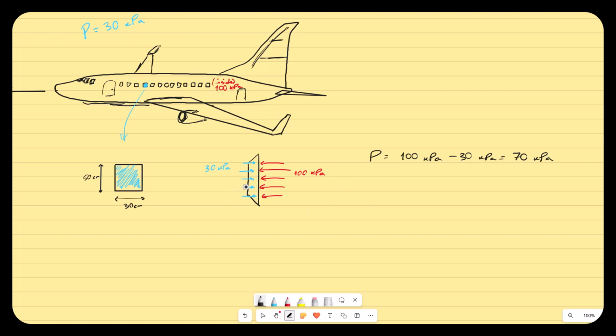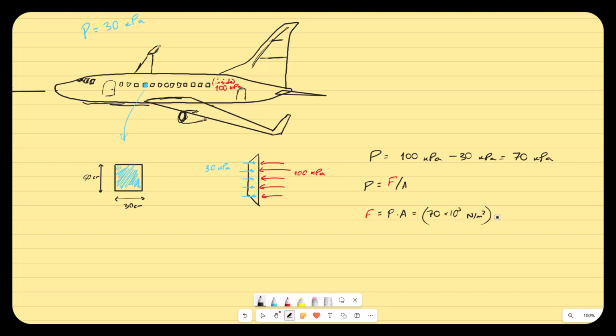And now if I'm looking for the force, I know that pressure equals force over area, so my force must be my pressure times my area. I'm going to have 70 kilopascals, so times 10 to the third. Pascals are newtons per square meter.